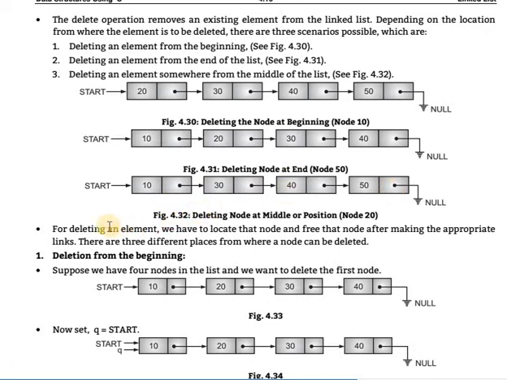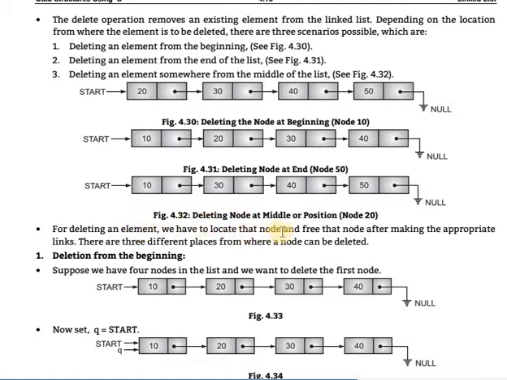Clear? Next point: for deleting an element, we have to locate the node and free that node after making the appropriate links. There are 3 different places from where a node can be deleted. So what is the logic on that?